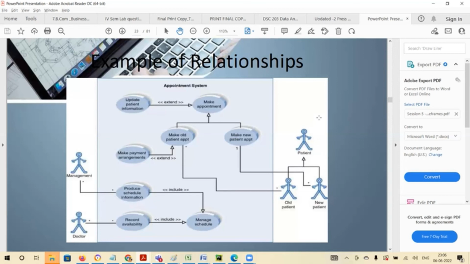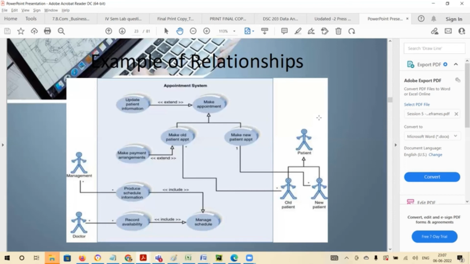And old patient will directly go and make old patient appointment. In old patient appointment, you will only call the patient ID and the doctor ID and things like that, much faster. That's why you have a separate use case.